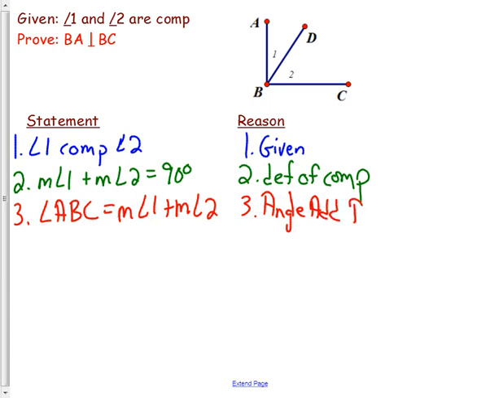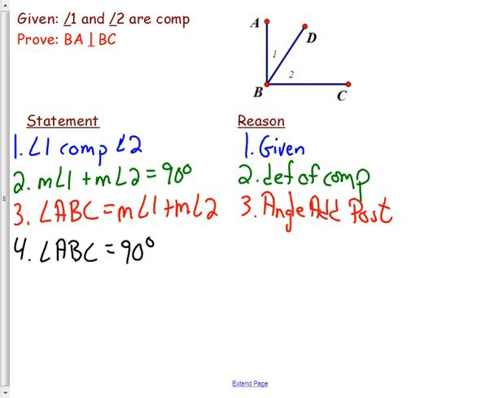And what does that do for us? Well, we have that the measure of angle 1 plus the measure of angle 2 is 90, and that angle ABC is equal to the measure of angle 1 plus the measure of angle 2. So we will say that angle ABC equals 90 degrees. Why? Because we substituted.